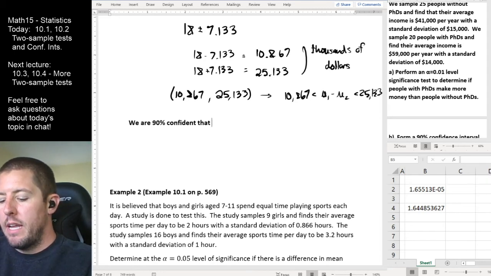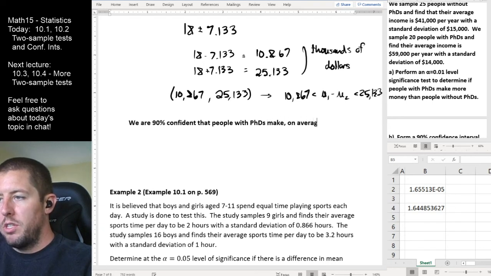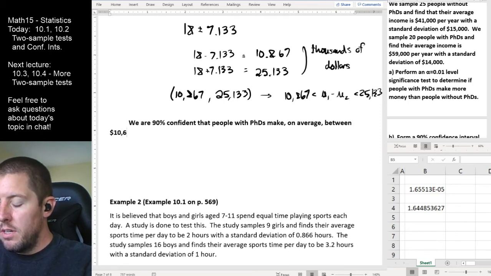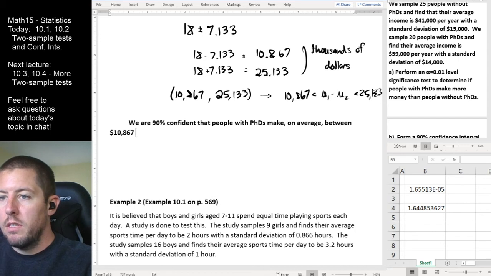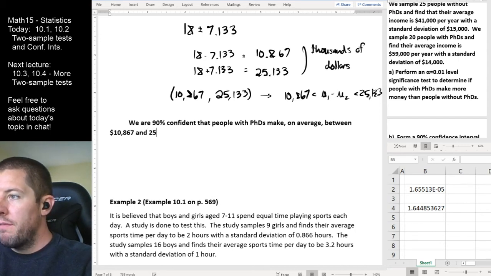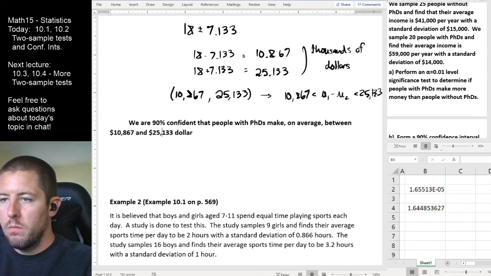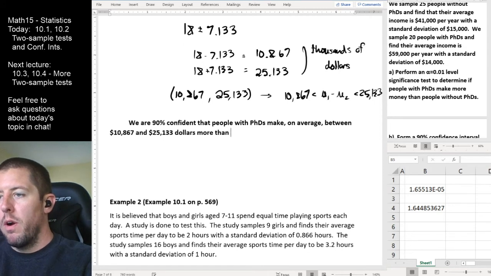We are 90% confident that people with PhDs make on average between $10,867 and $25,133 more than people without PhDs.